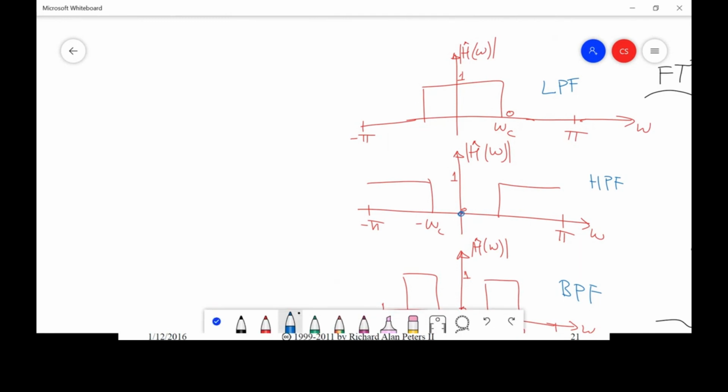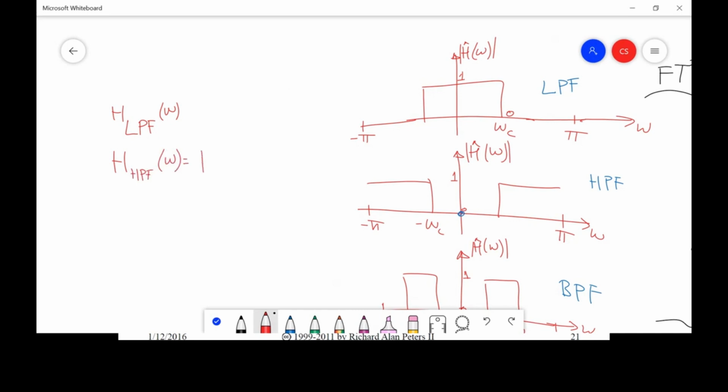So the Fourier transform of a low pass filter is that one. Okay. So once I have that, how can I construct the frequency response of a high pass filter?